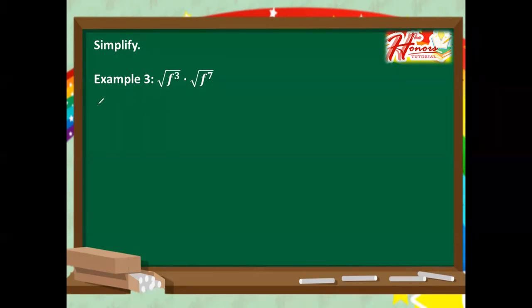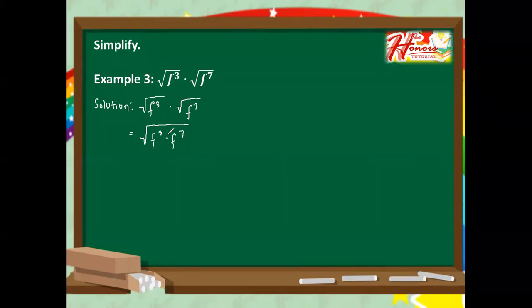Solution. Copy the given first. So that is the square root of f cubed times the square root of f raised to 7. And then, since they have the same index, you can multiply it directly. Just don't forget to write the radical sign here or symbol. So that is the square root of f cubed times f raised to 7.